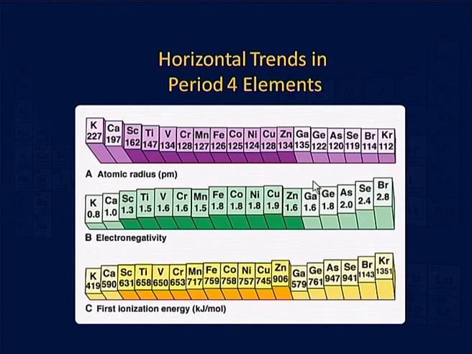This figure shows the trends in atomic radii, electronegativity and first ionization energy together in the case of first row transition metal ion along with some of the other members of the period 4 elements.